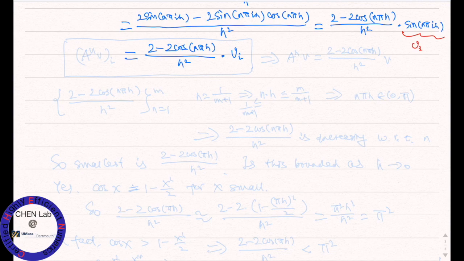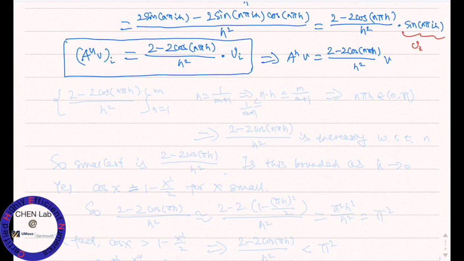So what we have is that the i-th component is equal to some constant independent of i times v_i. That's direct evidence that it is equivalent to saying A_h v vector is equal to 2 minus 2 cosine m pi h divided by h squared times v.